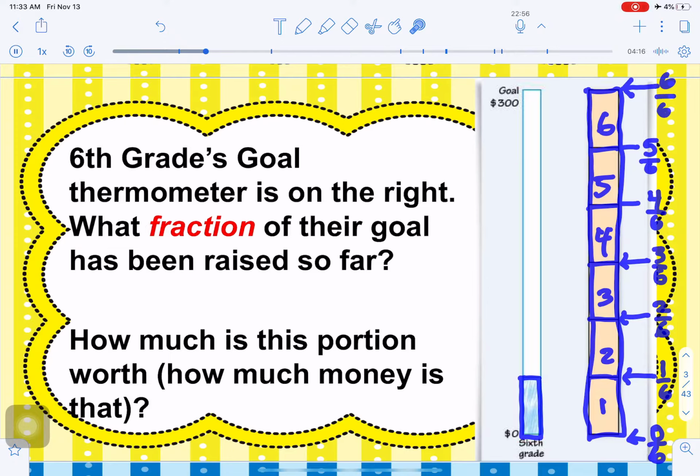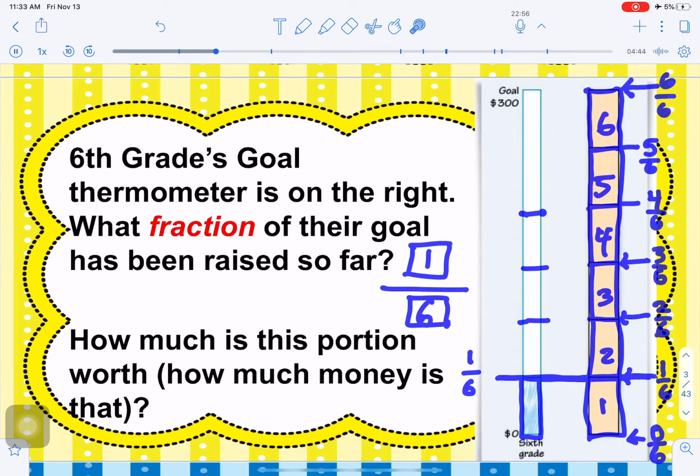If you take a look, right where you get to 1/6, this does match up with where their current goal is. So we are able to use this information and say that they are 1/6 of their goal complete. And if we were to continue to draw this out, we would see that there are indeed 6 parts to this.